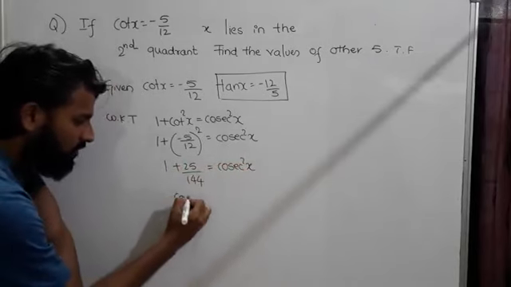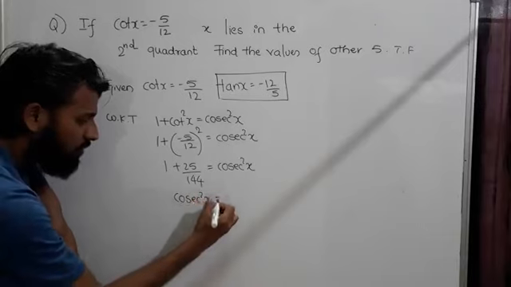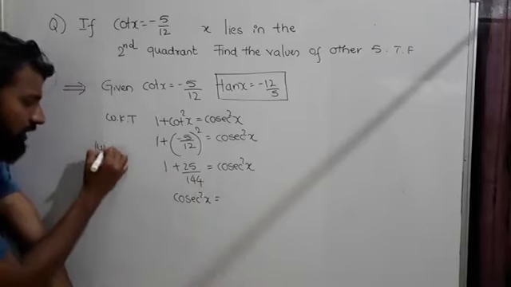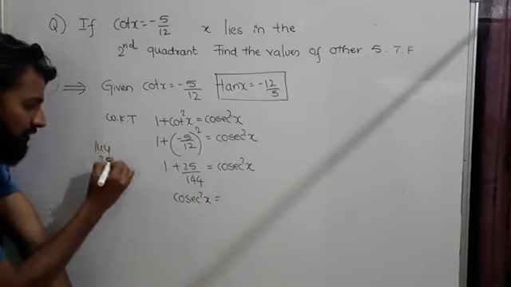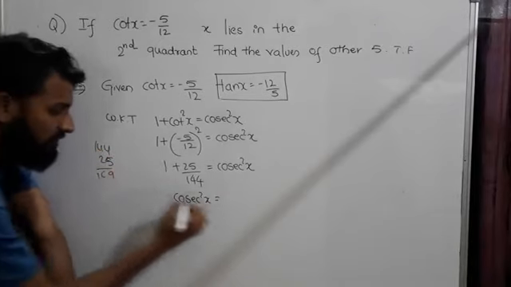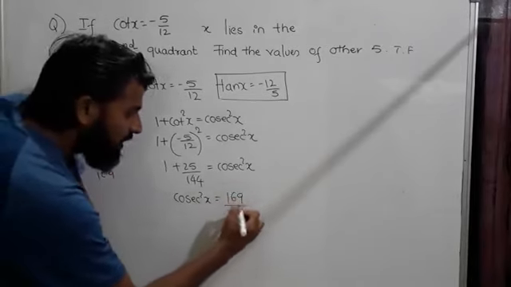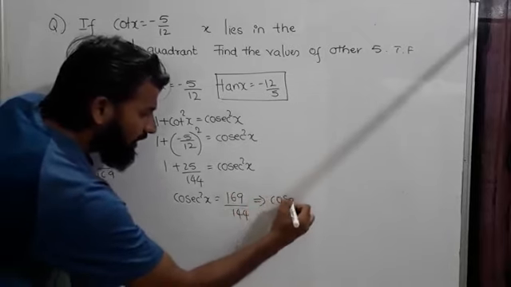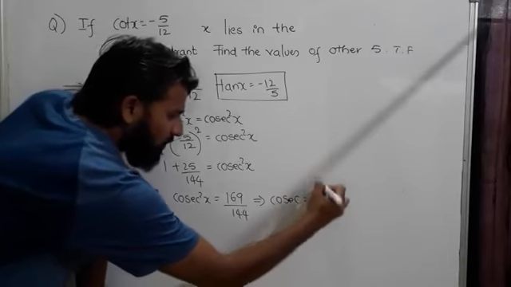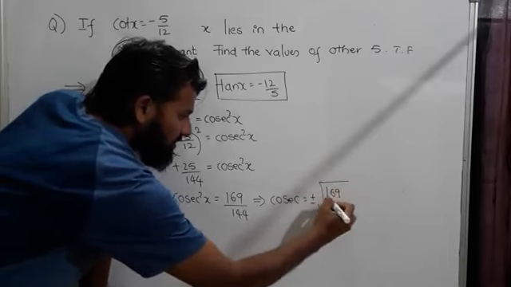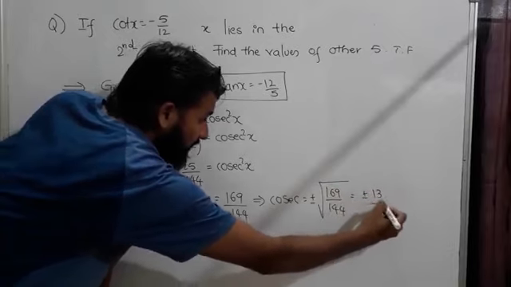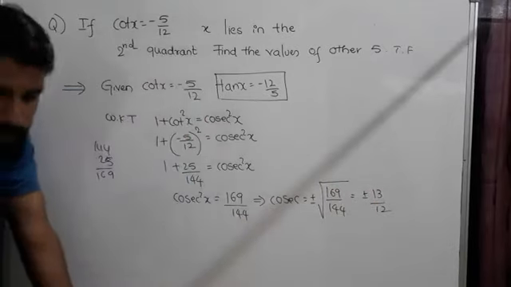Or you can say cosec square x is equal to 144 ones are 144, 144 plus 25, so this is 169. So 169 upon 144, which implies cosec x is equal to plus or minus under root 169 upon 144, which is equal to plus or minus 13 upon 12.